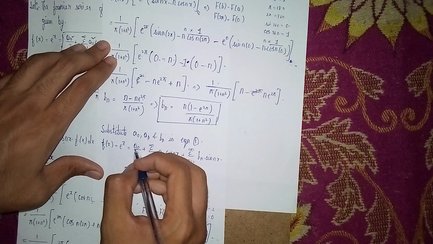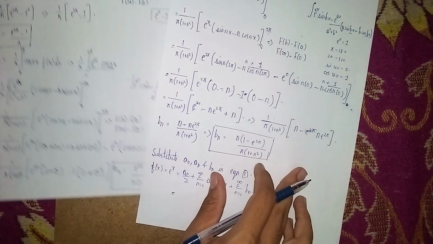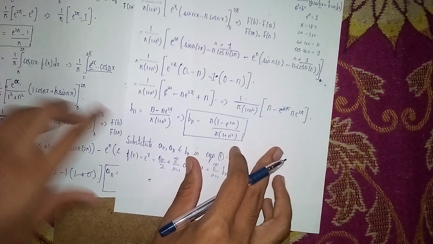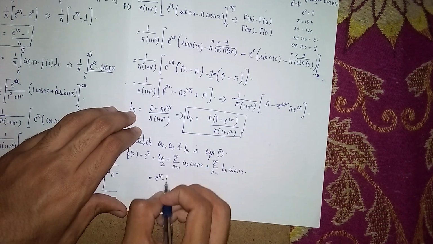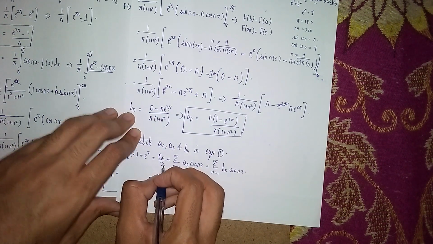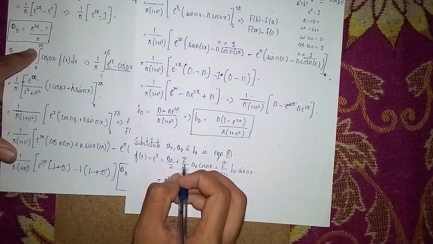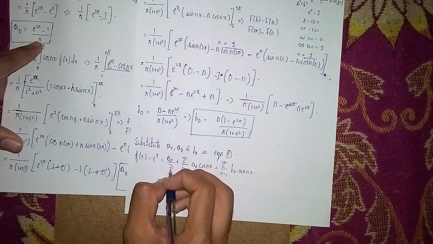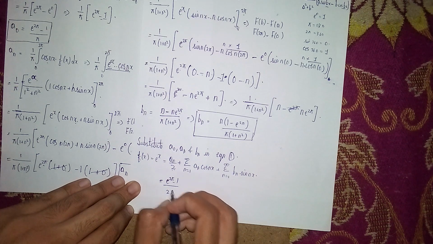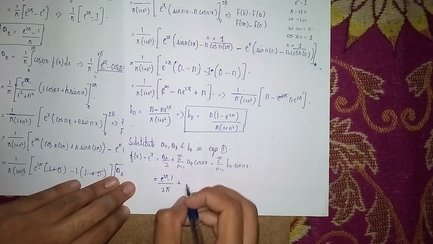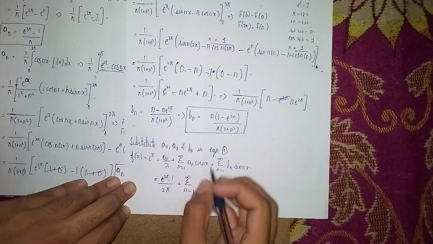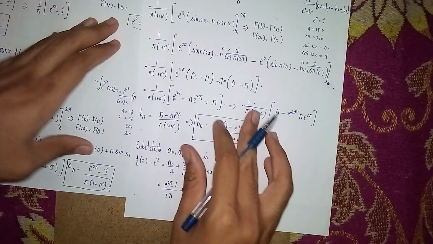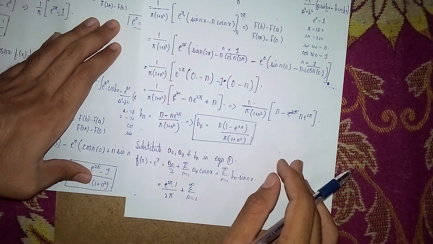So a naught is what? We found out the a naught value, e power 2 pi minus 1 by pi. Here 2 is there and here pi is there, so it becomes e power 2 pi minus 1 by 2 pi, plus summation of n is equal to 1 to infinity. What is an value? e power 2 pi minus 1 by pi (1 plus n square).